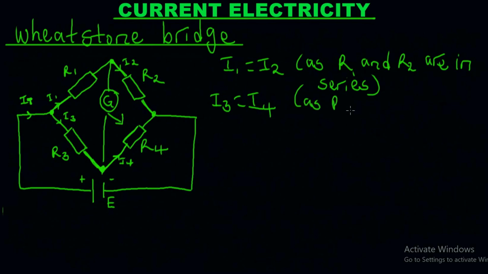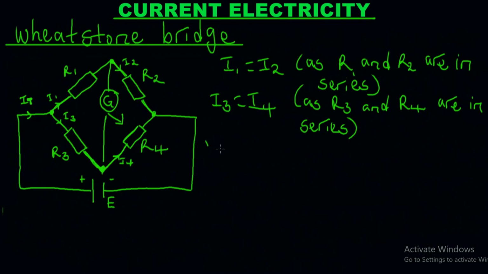as R3 and R4 are in series. Then if their currents are the same for both of them here, meaning that their voltages are different, right? But if you are going to compare R1 and R3, they are in parallel because different currents actually flow through them. And if different currents flow through the two resistors, likewise R2 and R4, meaning that the voltage between R1 and R3 are the same.